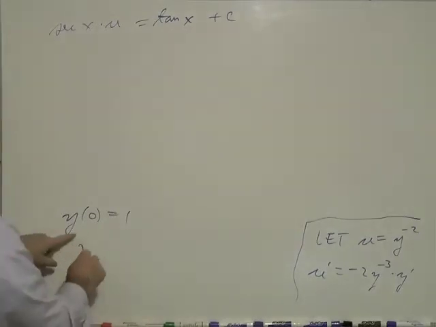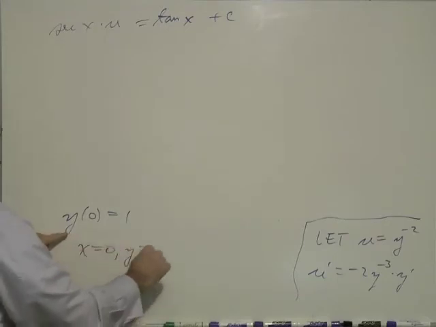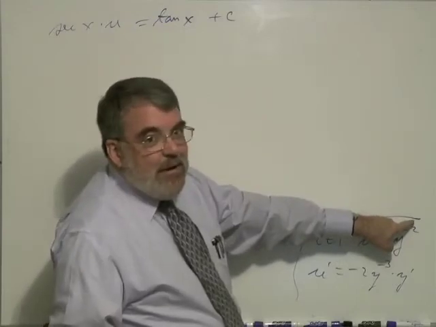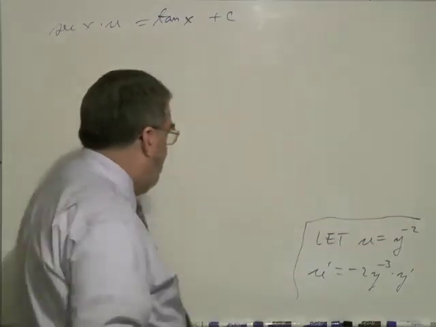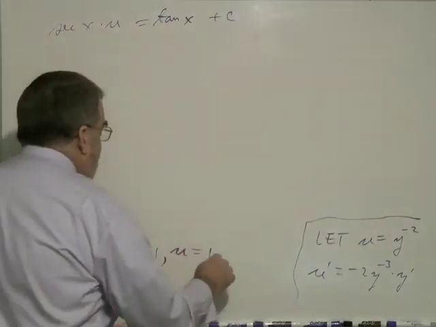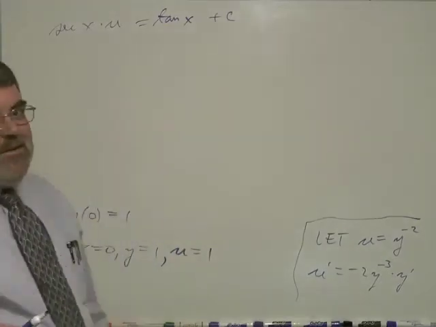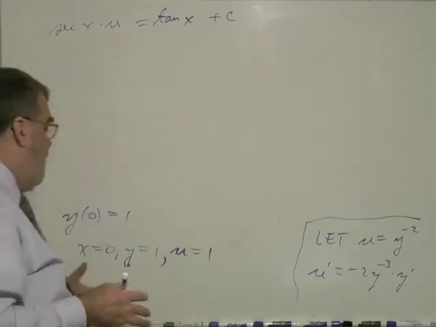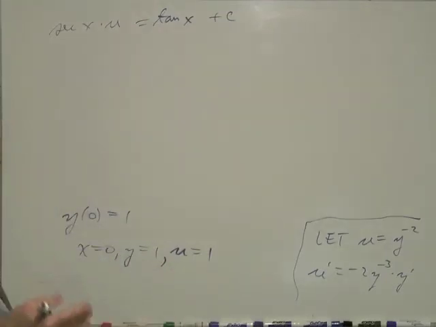That means when x equals 0, then y equals 1. Well, when y equals 1, 1 to the negative 2 power is still 1. That means u equals 1. So I don't have to necessarily put it back in terms of x and y yet in order to apply the initial conditions. I can just figure out what u would be with the initial condition.